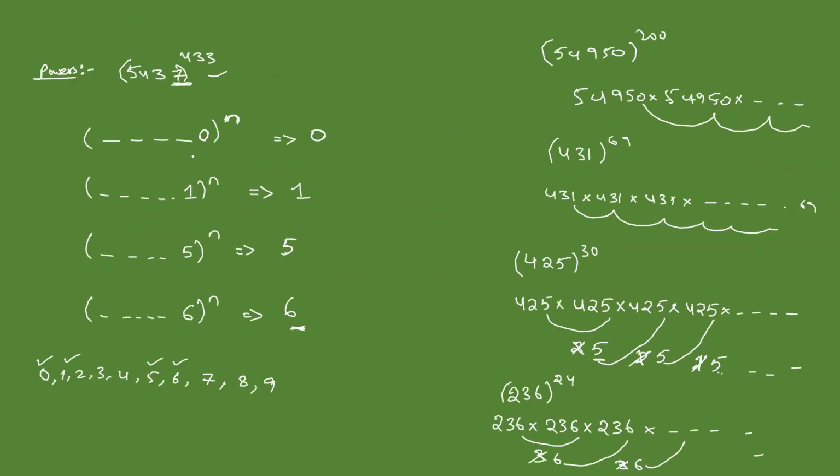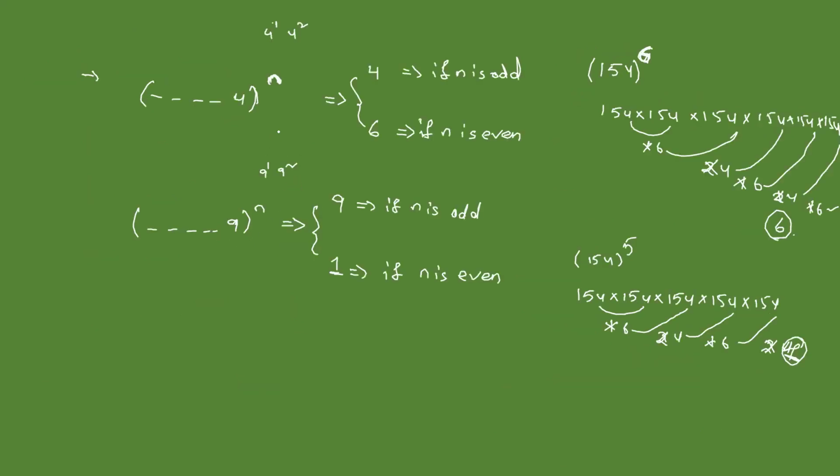These are very, very important. Why? Because for the previous digits, for 0, 1, 5, and 6, very simple, directly you can say. For 4 and 9 also, by observing the power, odd power or even power, we can say. But when it comes to 2, 3, 7, and 8, we will have 4 chances for each number. For example, I will tell you, please observe here.